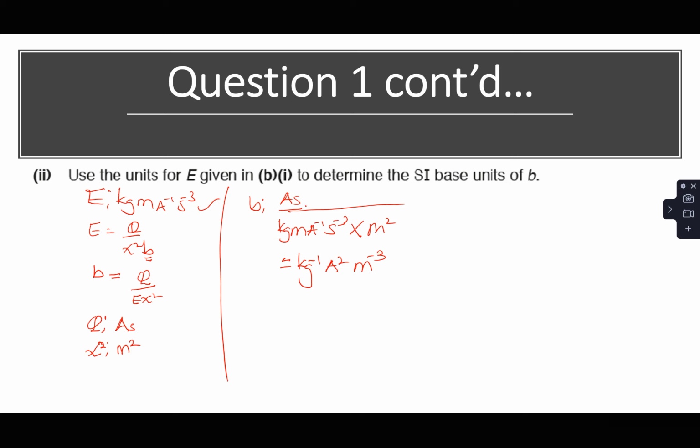When S is divided by S power negative 3, we subtract the powers, it becomes S power 4. So these will be the base units of the constant B as required by that question. Okay, so I hope that is home and dry. Let's continue.